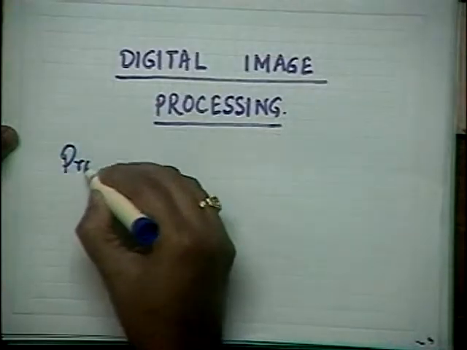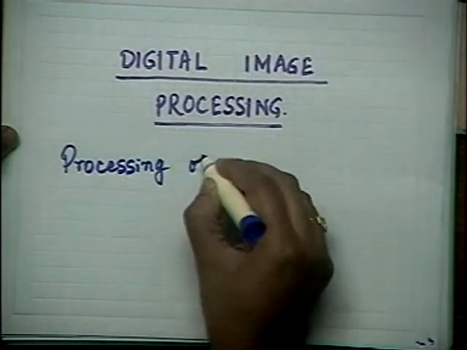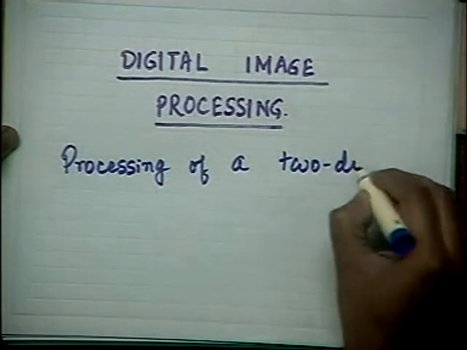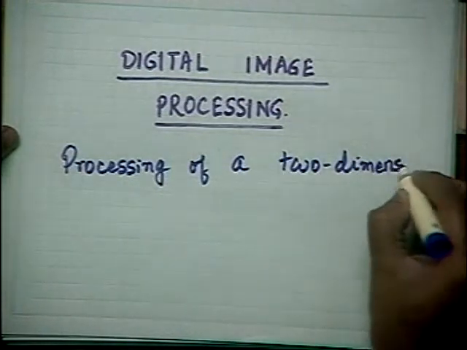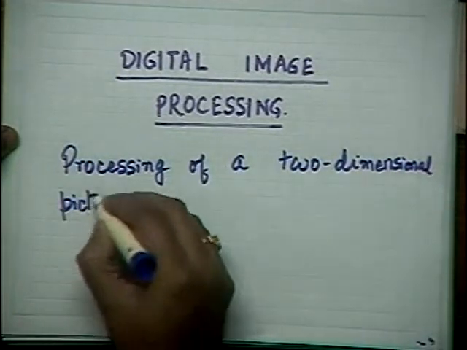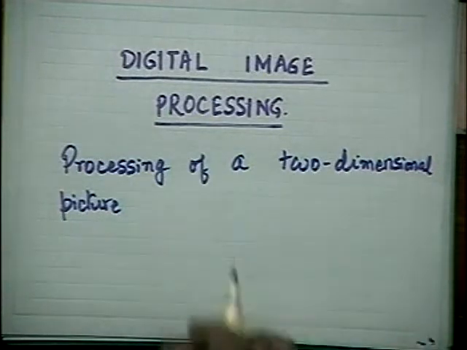It generally refers to the processing of a two-dimensional picture, because you can well understand that any picture has two dimensions, that is the x as well as the y.